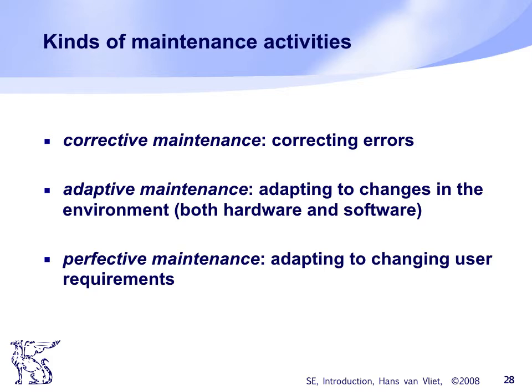So note that this type of maintenance is not caused by wearing out. I have mentioned maybe in my first lecture that software doesn't wear out. So this kind of maintenance is not referring to maintenance caused by wear out.